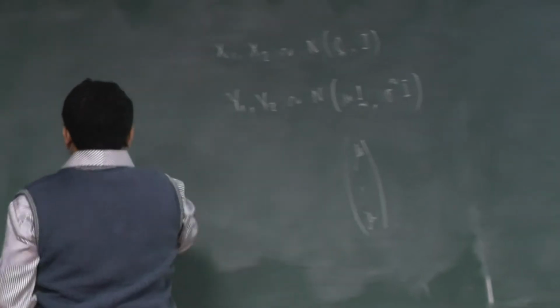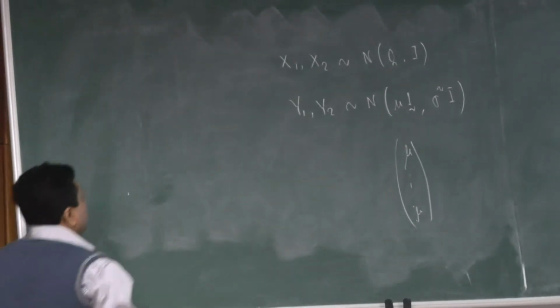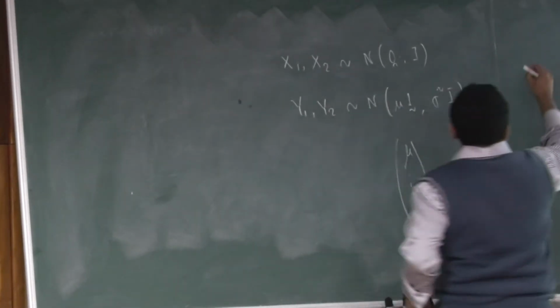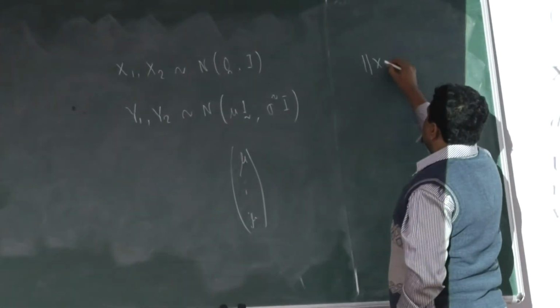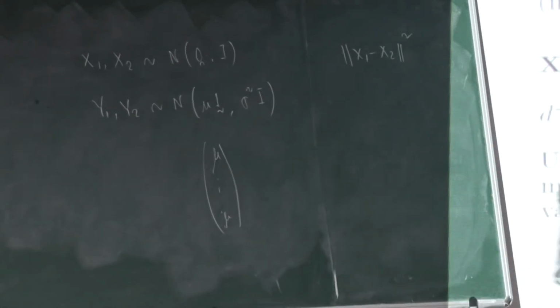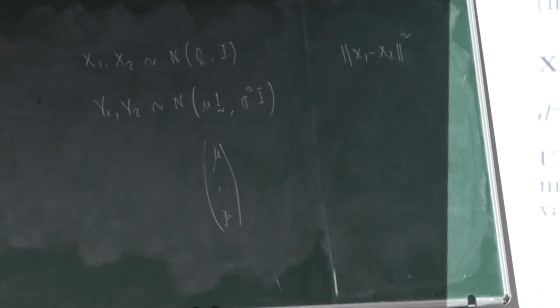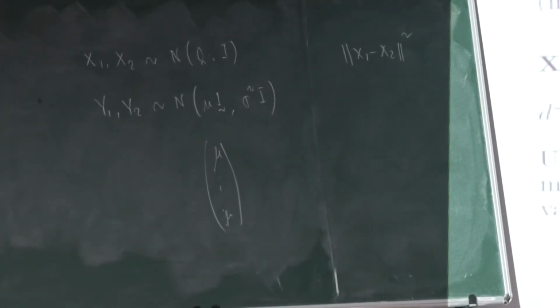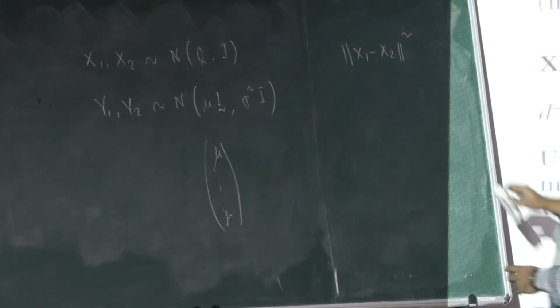Now what can we say about the distribution of the squared distance? This is going to be chi-square, right? Sum of squares of some normals.